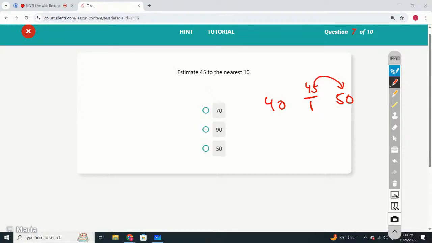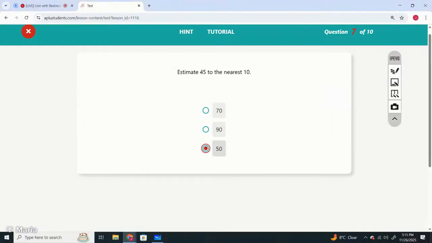It is the same distance from 40 and the same distance from 50, so we need to round it up. So it would be rounded to 50. So the correct option is 50. Option number 3 is the correct option.